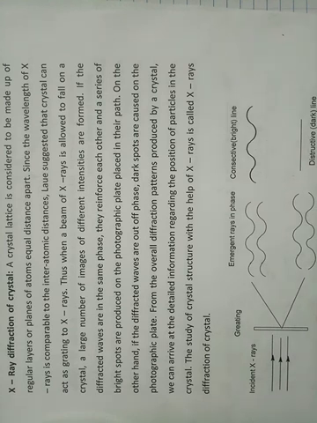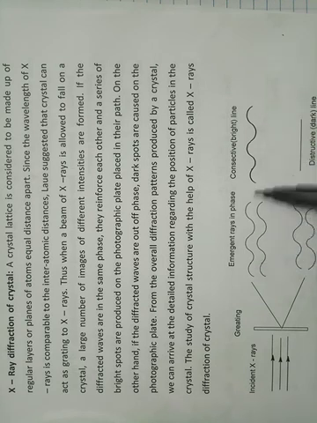When a beam of X-ray is allowed to fall on a crystal, a large number of images of different intensities are formed. If the diffracted waves, as you can see here, are in phase, the emerging rays from the crystal reinforce each other, and a series of bright spots are produced on the photographic plate placed in their path.